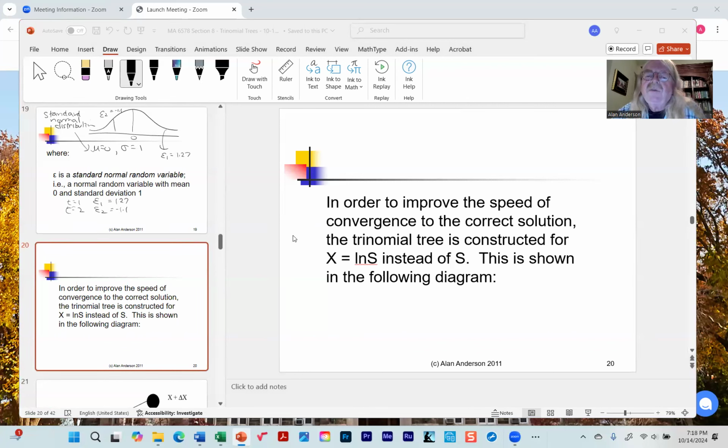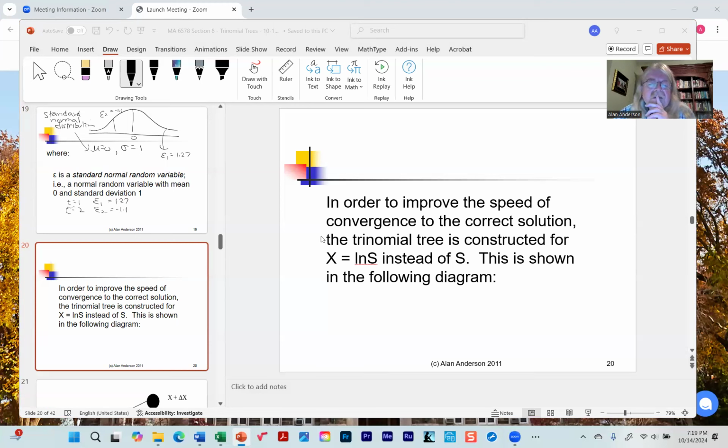So here we're going to see what would happen if, instead of modeling S directly, we model X, which is simply the natural log of S. And again, this is being done for efficiency reasons, which when this model came out, remember 1986, was critically important because you can imagine implementing one of these trees was probably going to be very time consuming. And so they were going to come up with all the ways they could to make this as efficient as possible. Now, sometimes though, that makes it harder to visualize what's happening.